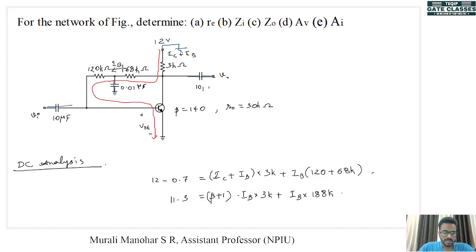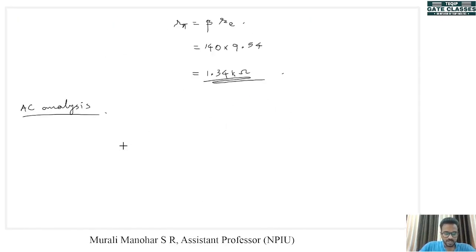If you look at this figure, you can see that this 68K has one point connected to collector and the other point connected to ground, and this 120K will have one point connected to base and the other point connected to ground. That means the 120K is now in the base circuit, that is the input loop, and 68K is in the output loop. Okay, so if I draw the circuit, it will look like this.